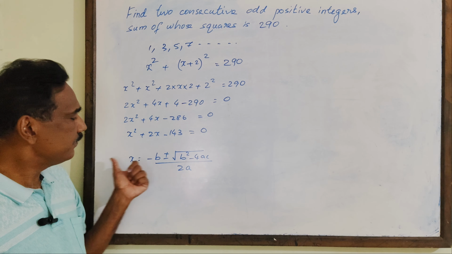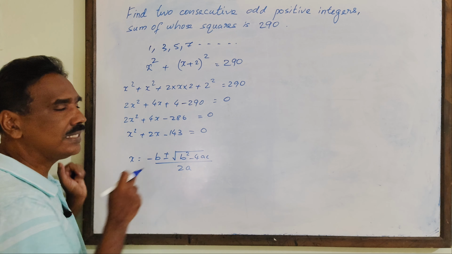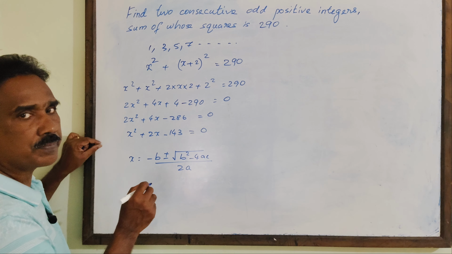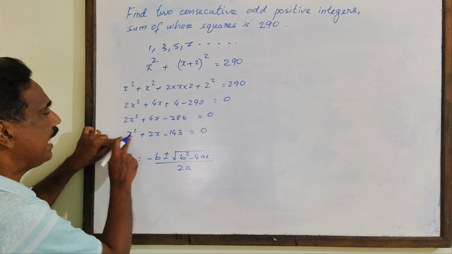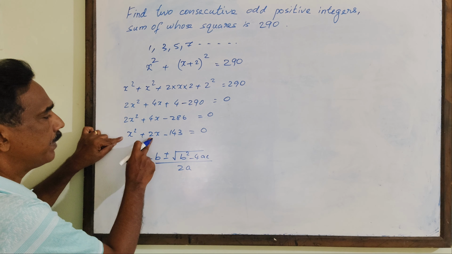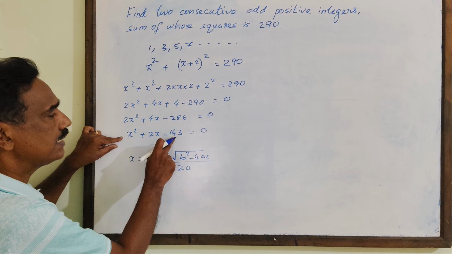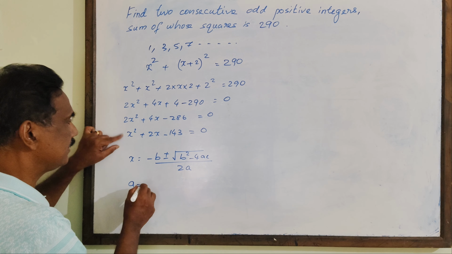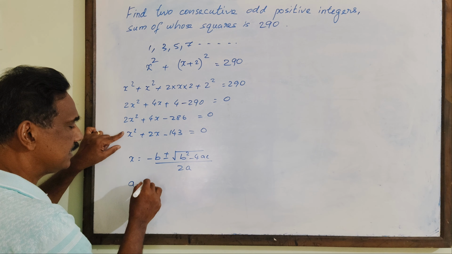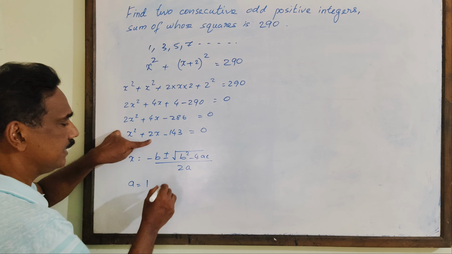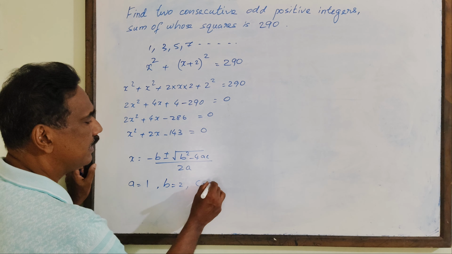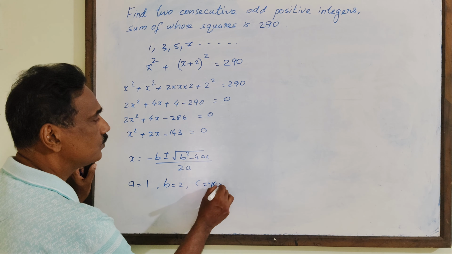Here you can see, if you want to proceed further, b square minus 4ac should be obtained. Now, as per the general equation, ax square, that is a is 1, plus bx, that is b is 2, and c is minus 143. So I shall write here a is equal to 1, b is equal to 2, c is equal to minus 143.